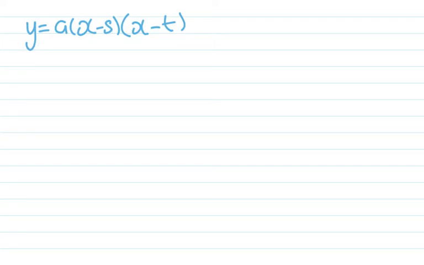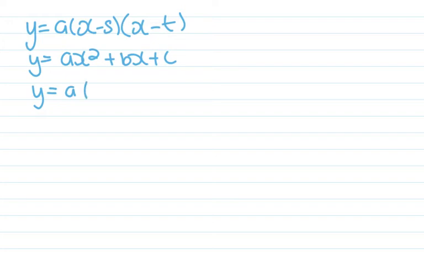The standard form of a quadratic equation is y equals ax squared plus bx plus c. And the vertex form of a quadratic equation is y equals a, bracket x minus h, bracket squared plus k.